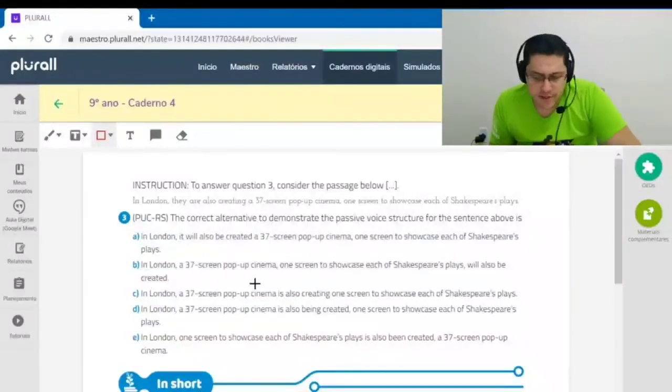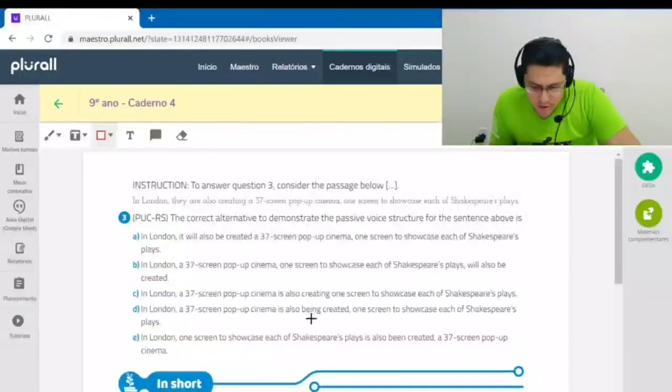In London, a 37-screen pop-up cinema, one screen to show this will also be created. In London, a 37-screen pop-up cinema is also creating one screen. Está totalmente errado. In London, a 37-screen pop-up cinema is also being created. One screen to showcase each of Shakespeare's plays. In London, one screen to showcase each of Shakespeare is also being created.